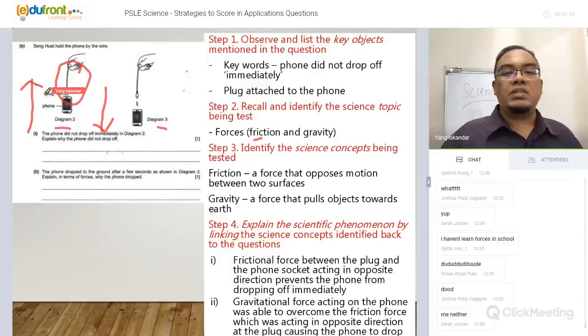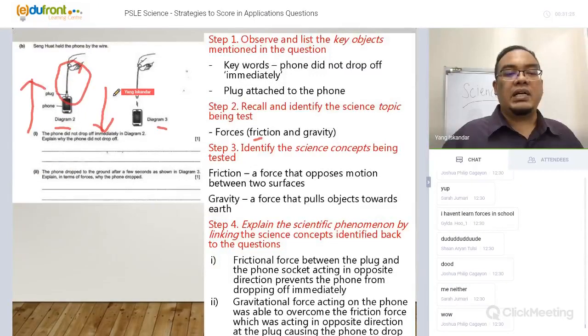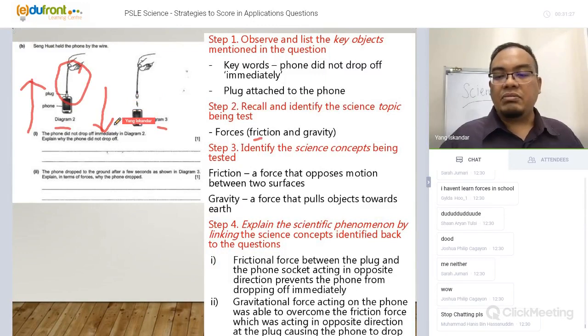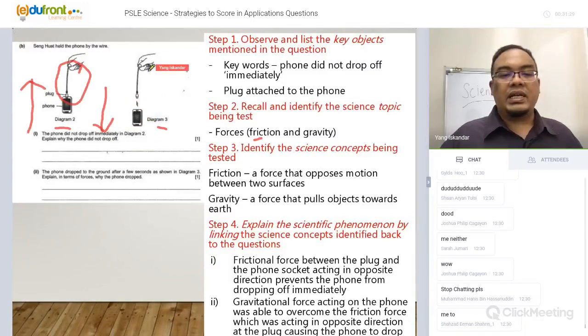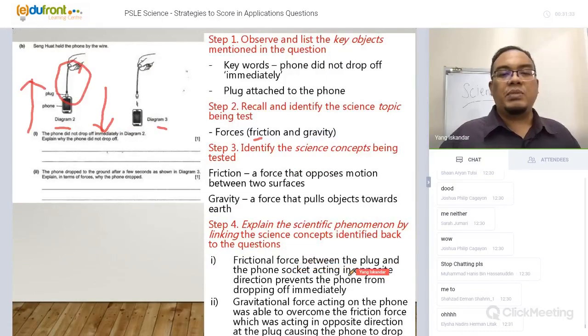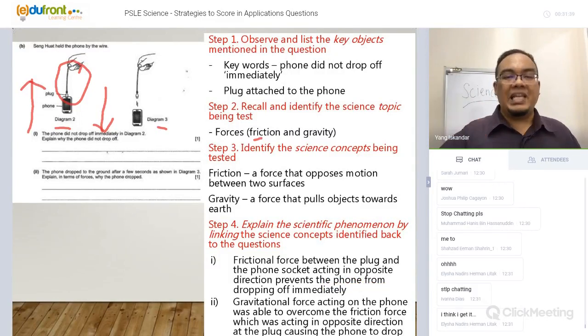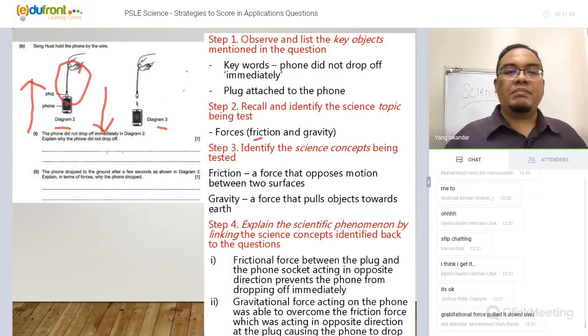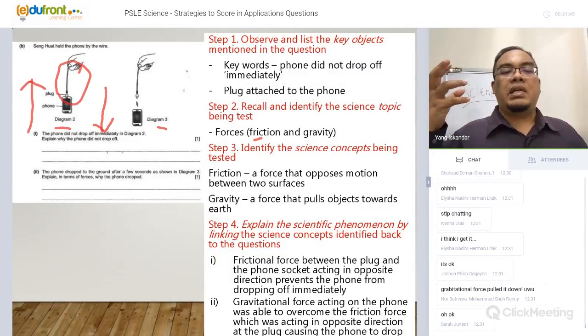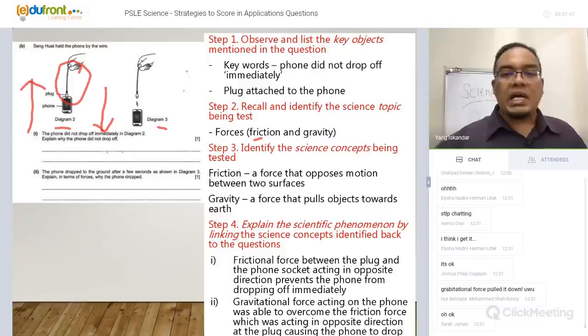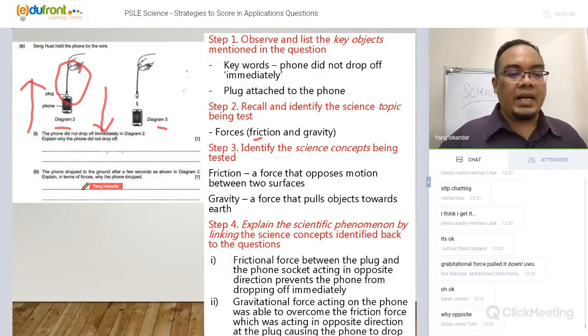Remember, friction opposes motion. So friction is going upwards, but gravity is going downwards. The frictional force between the plug and the phone socket acting in the opposite direction prevents the phone from dropping off immediately. Now after some time, it dropped off. Why? Because the gravity is able to overcome the frictional force. That is the second part.